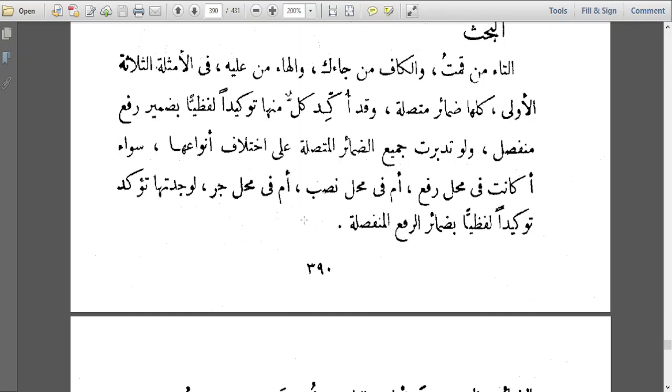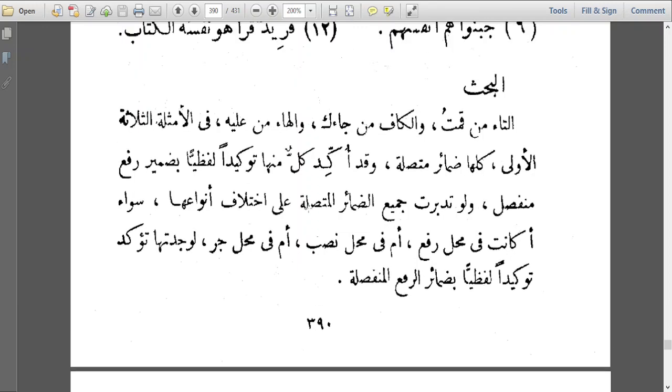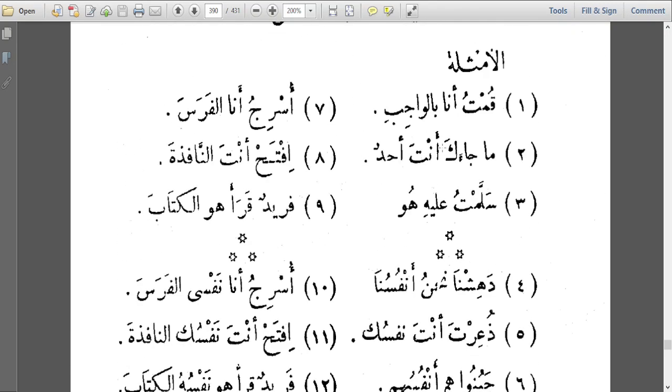But when they come like this, you now say they are mabniyun ala kaza fi mahalli jar, because of the purpose of tawkid they are serving, or fi mahalli raf', based on the pronoun they are emphasizing, or fi mahalli nasb, based on the pronoun they are emphasizing, if the pronoun is a maf'ulun bihi, just like the kaf.